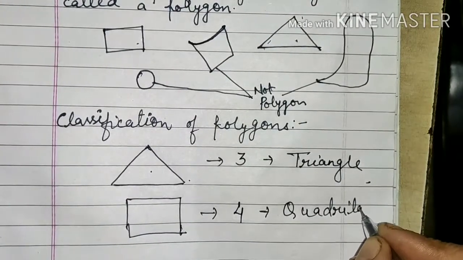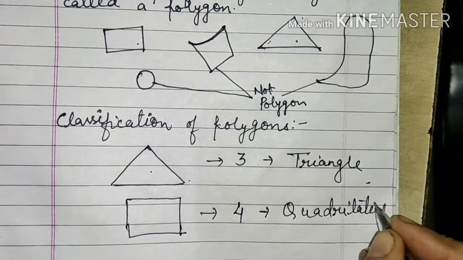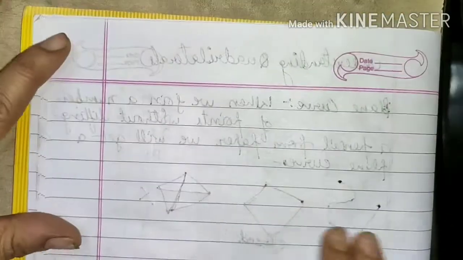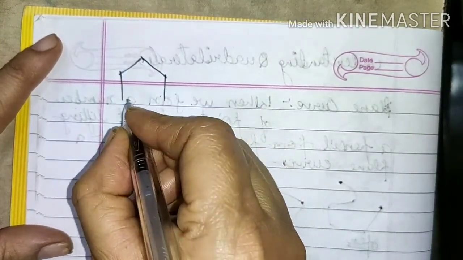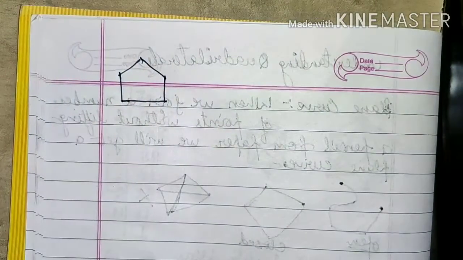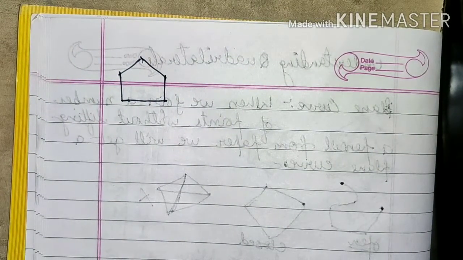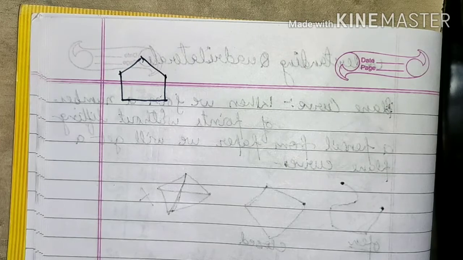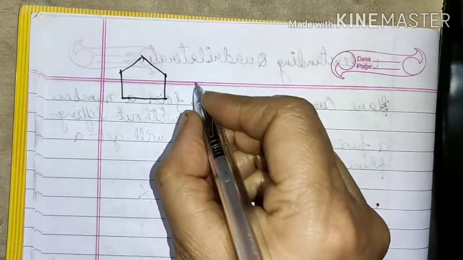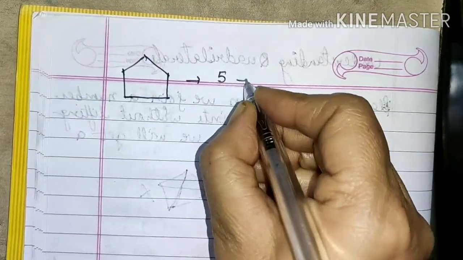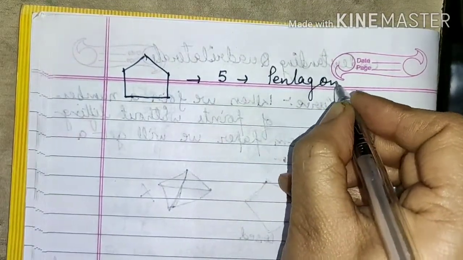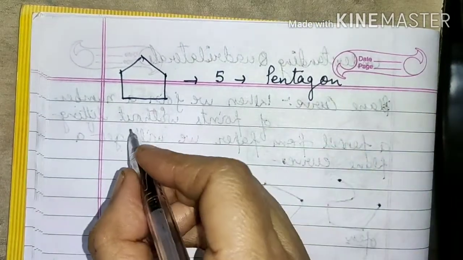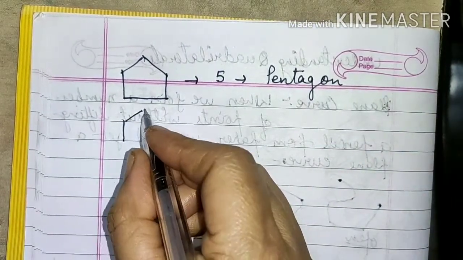If a polygon has 5 sides, always using line segments when we talk about polygons, it is known as a pentagon.